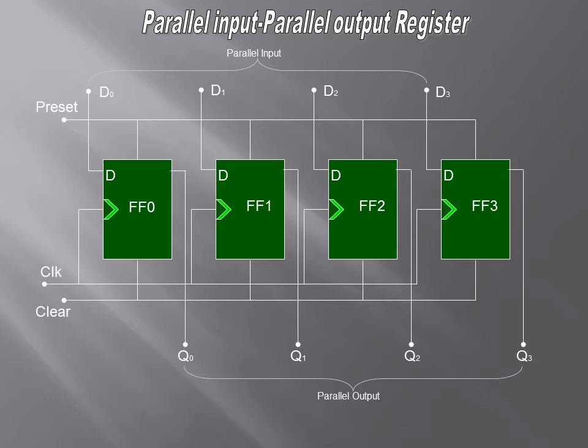So whatever data is given at the inputs D0, D1, D2, D3 of every D flip-flop, the outputs Q0, Q1, Q2, Q3 are generated with a single clock pulse. All these flip-flops are working independently, and this is the fastest register, because in a single pulse it will change the whole data present at the input to the output.